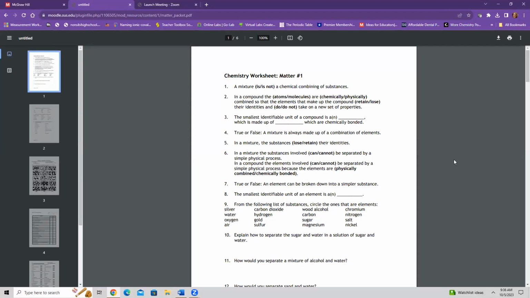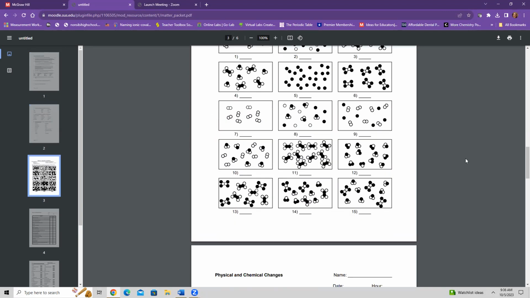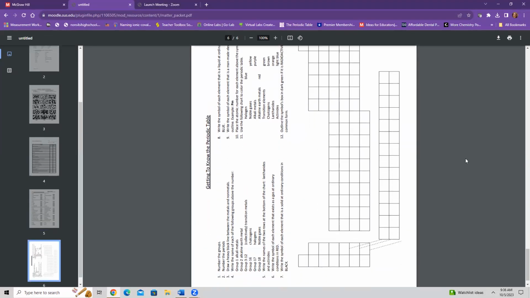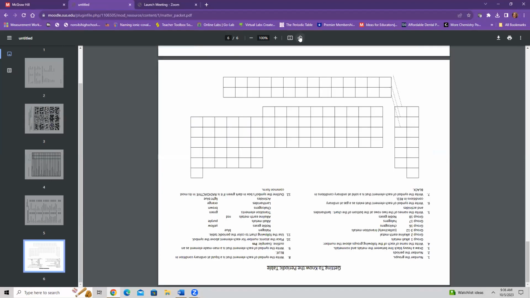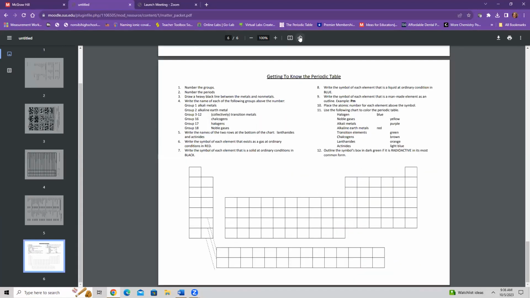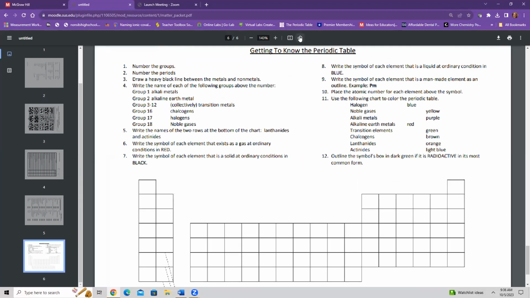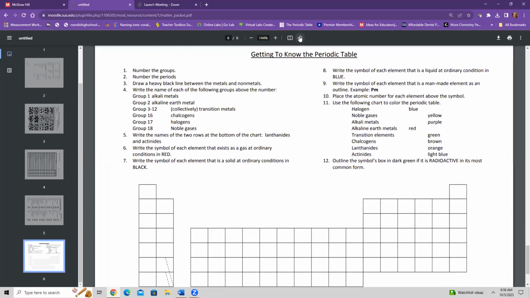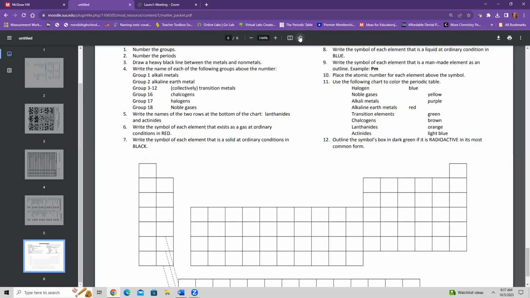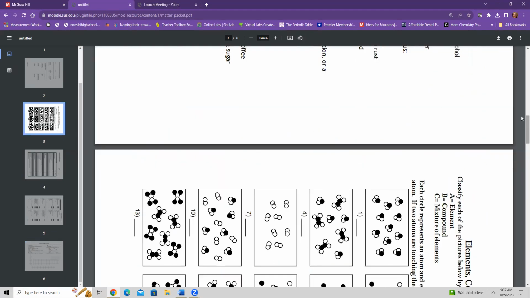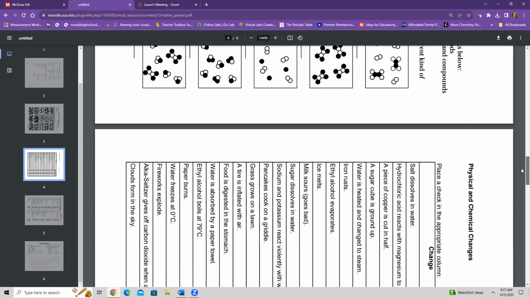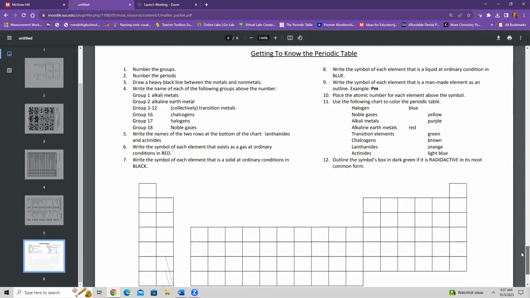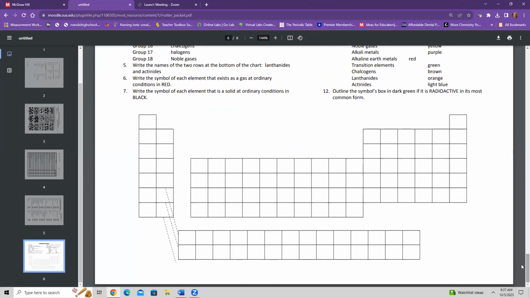All right. So we're going to go all the way to the bottom. Let me flip it around so you can actually see it better. On here, it tells us to number the groups and number the periods.